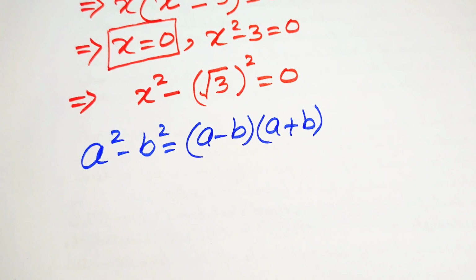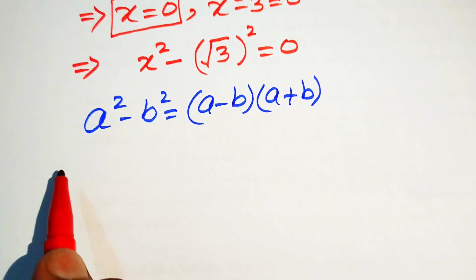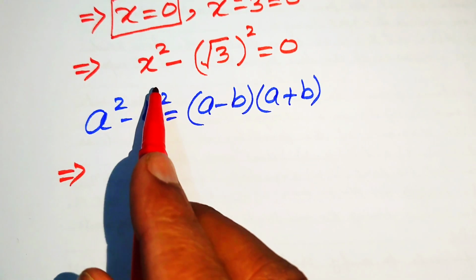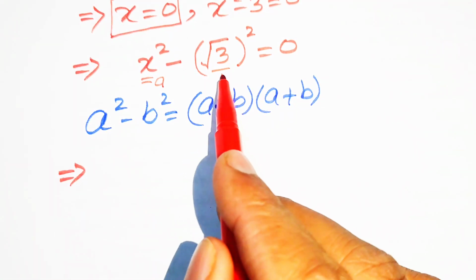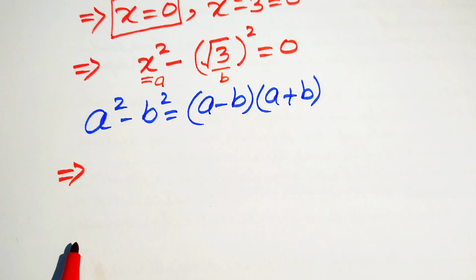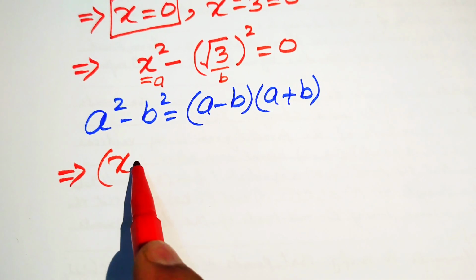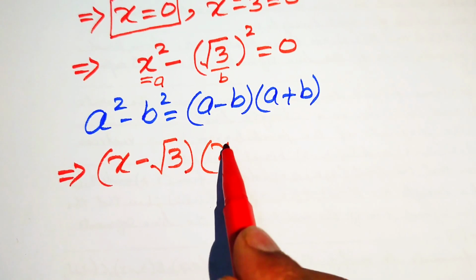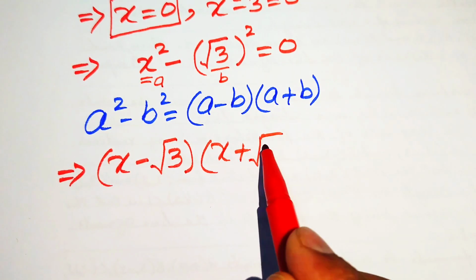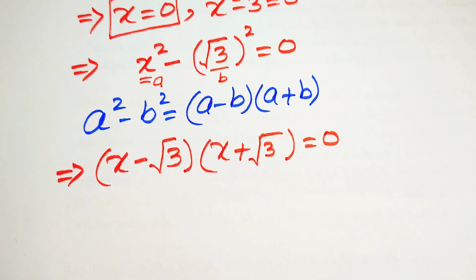We apply this formula to the above equation, where our a is x and our b is the square root of 3. So it will be written as x minus square root of 3 times x plus square root of 3 equals 0.